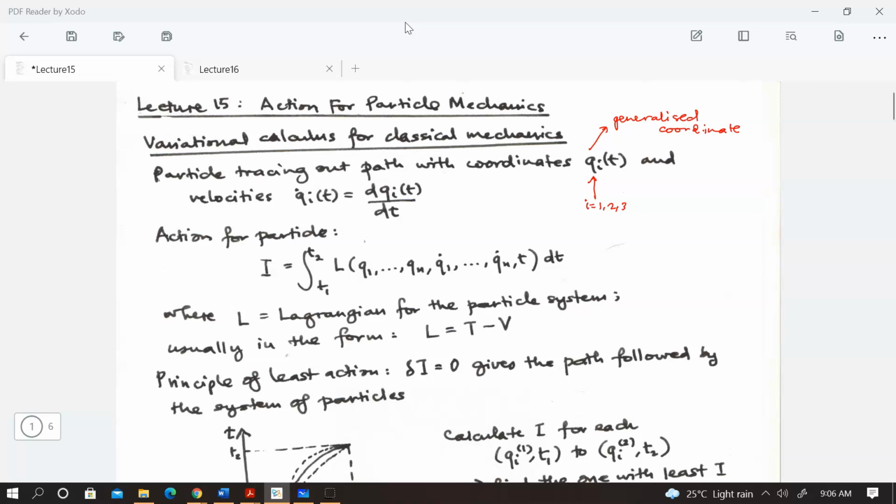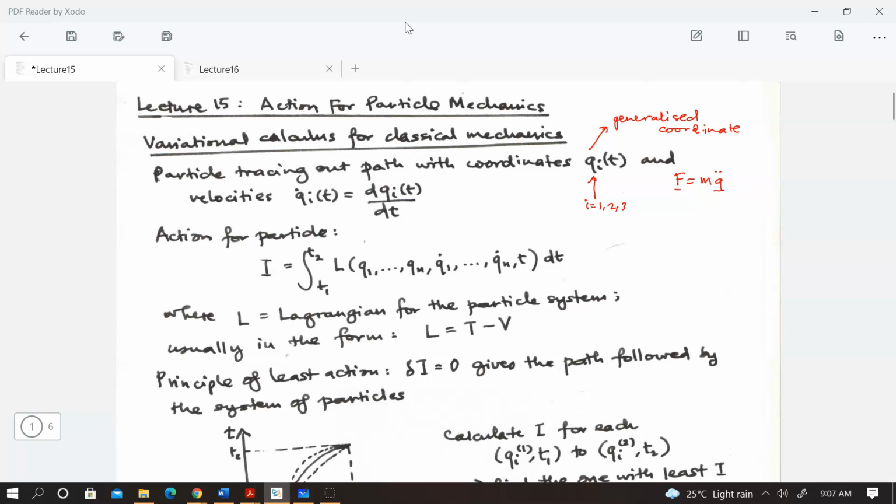Classical mechanics. Okay, great. So this generalized coordinate will depend on time, for which you need to solve from some equation of motion. Usually, your Newtonian equation of motion is essentially just this. This is a second order differential equation.